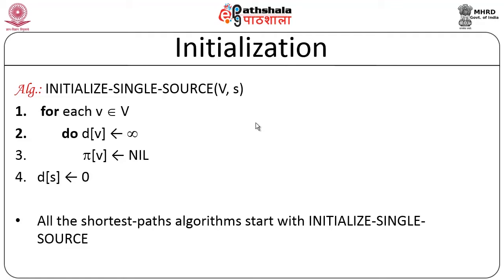Then we initialize d of s, where s is the source node, to 0. This is the initialization. All the shortest path algorithms start with this initialize single source module.